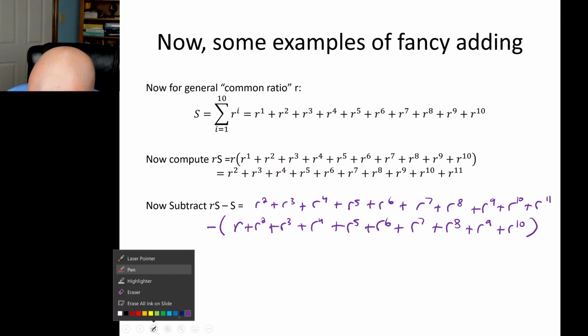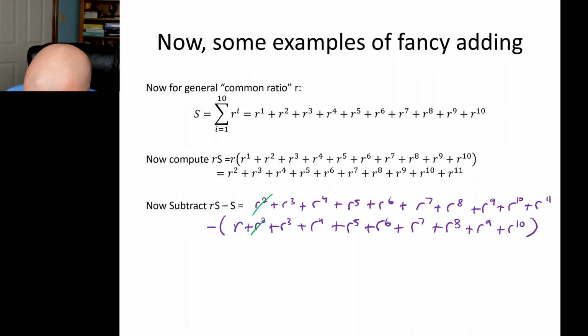And then most of the stuff, again, cancels out, since we're subtracting the same thing top and bottom.